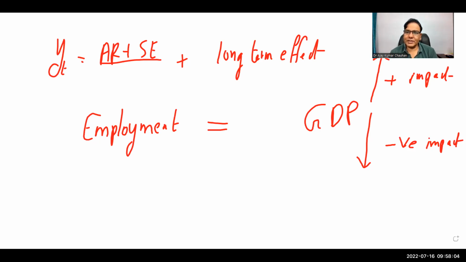So we can say that the distributed lag model is working differently, and especially the long-term effect.